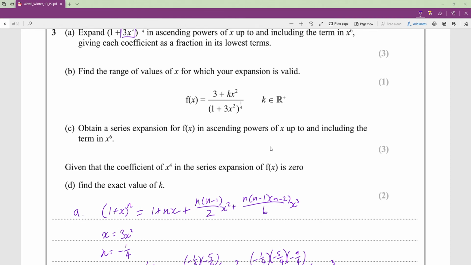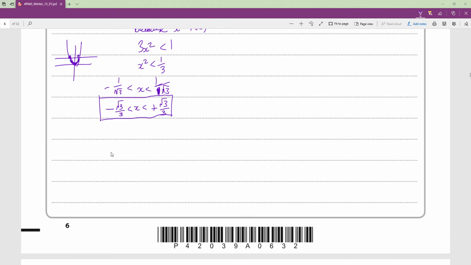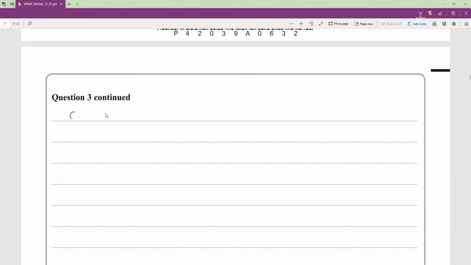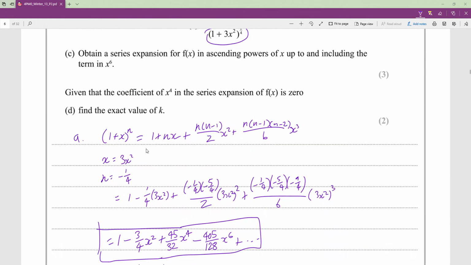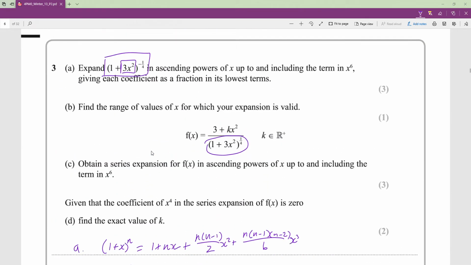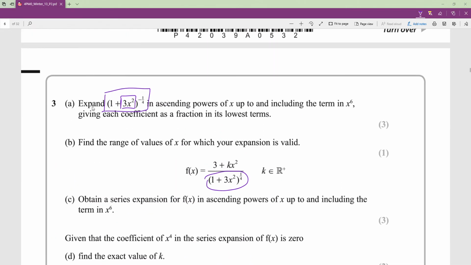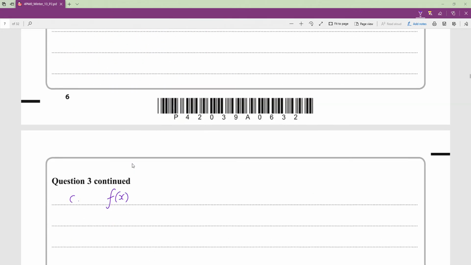Okay, so another way that we can write f(x) is, because that 1 over 4 is on the denominator, this to the power of positive 1 over 4. This whole denominator term is actually what we expanded in a. So we can write f(x) out as this numerator times our expansion in a.